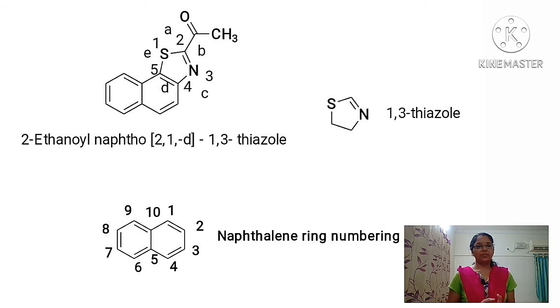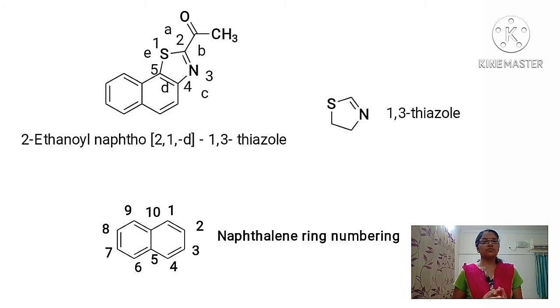After identifying the parent compound, 1,3-thiazole, we have to number it, and after numbering we have to letter the peripheral sides of the parent compound. After lettering, we found that at the 4th and 5th positions there is a fused ring, naphthalene, and at the 2nd position there is one substituent, an ethanoyl group. The fused face is d, that is, the 4th and 5th positions. Considering the fused naphthalene, when we number it, the first and second carbons are fused to this thiazole.